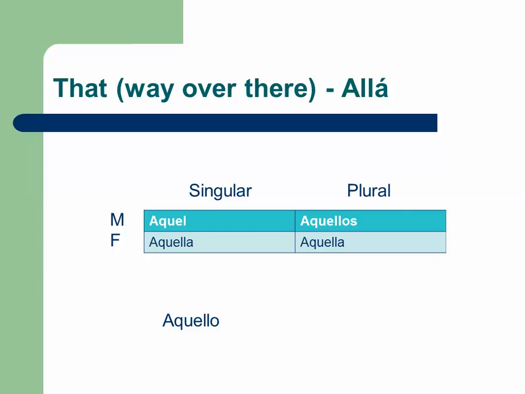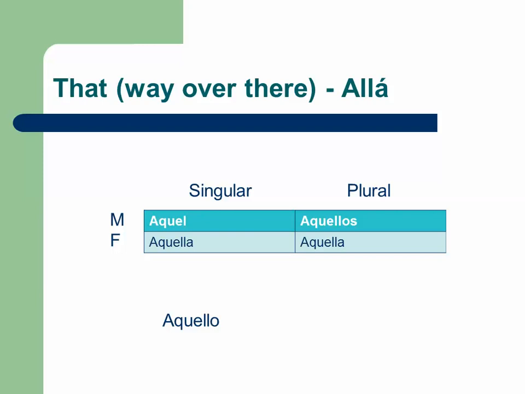This one is spelled funny, you just kind of learn it by itself. It's aquel, aquella, aquellos, and aquellas, and it still means that it's just further away, and you have the masculine, feminine, singular, and plural, just like you have for the other ones.